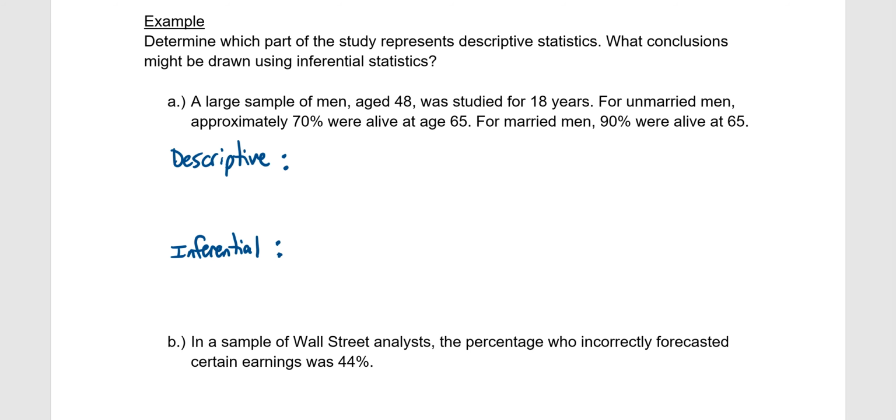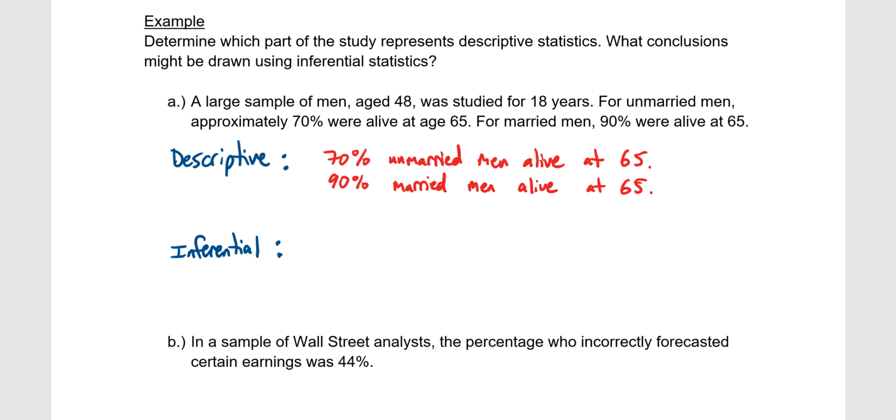So let's take a look at these descriptive statistics first. Descriptive is going to be the actual data that's given to us. So the data that's given to us is that for unmarried men, 70% were alive at 65, and 90% of married men were alive at 65.